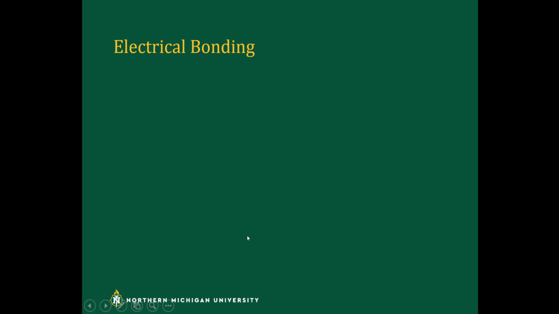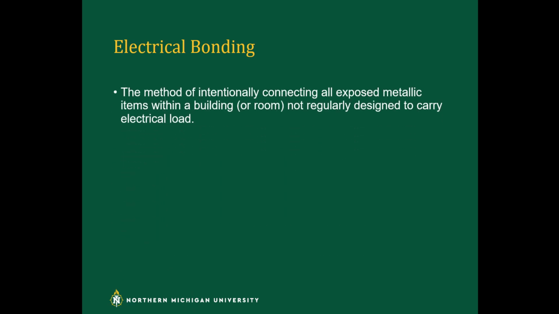So the other important concept along with grounding is bonding. You're generally going to have to do both on construction projects. What bonding means is intentionally connecting all of the exposed metallic items within a building that are not regularly designed to carry electrical load.